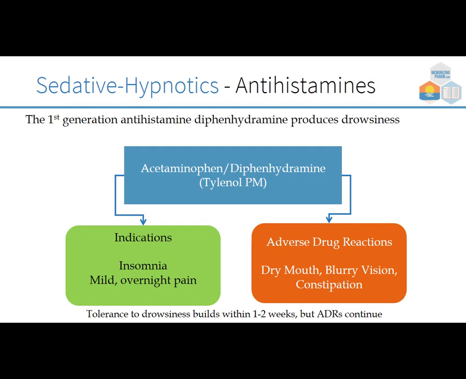So with these, though, we're going to see adverse drug reactions that are cholinergic or anticholinergic effects like dry mouth, blurry vision, constipation, which can be quite troubling for the patient. And it only works for a week or two because the body will become tolerant to the drowsiness and you'll still get the side effects. So this is a very short-term solution, not a long-term solution.